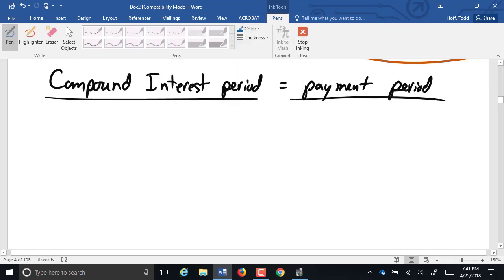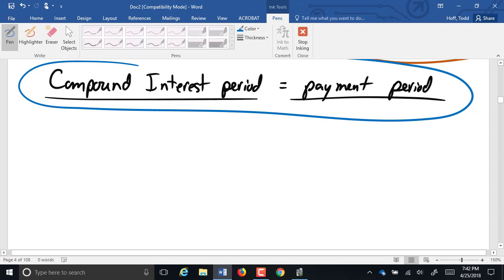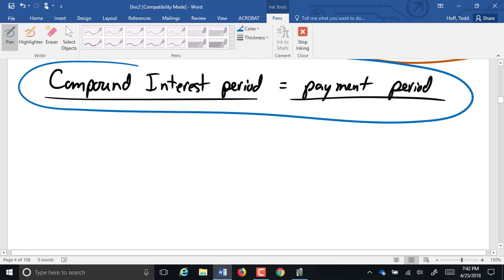What if they're not equal? Well, everything that we've done so far has been that way. So what we're going to look at now is what if they are not?